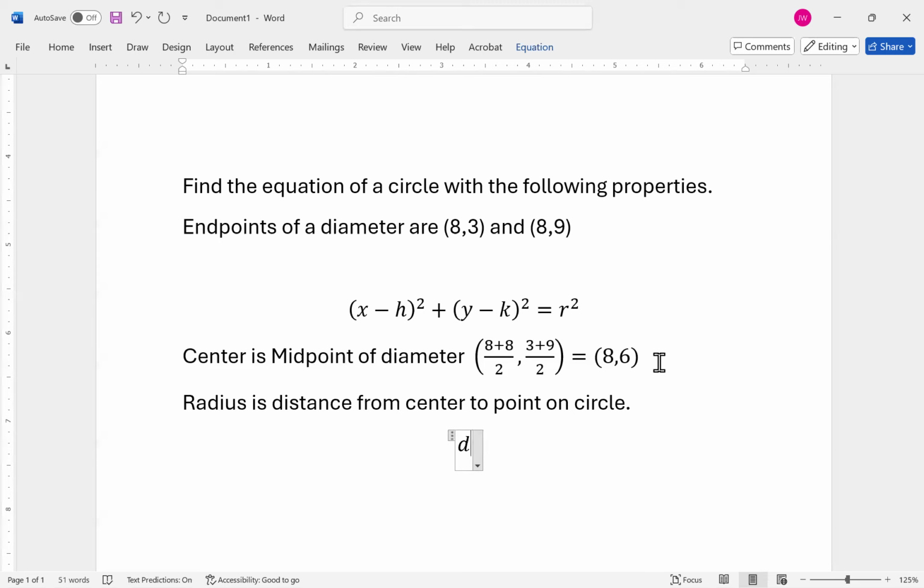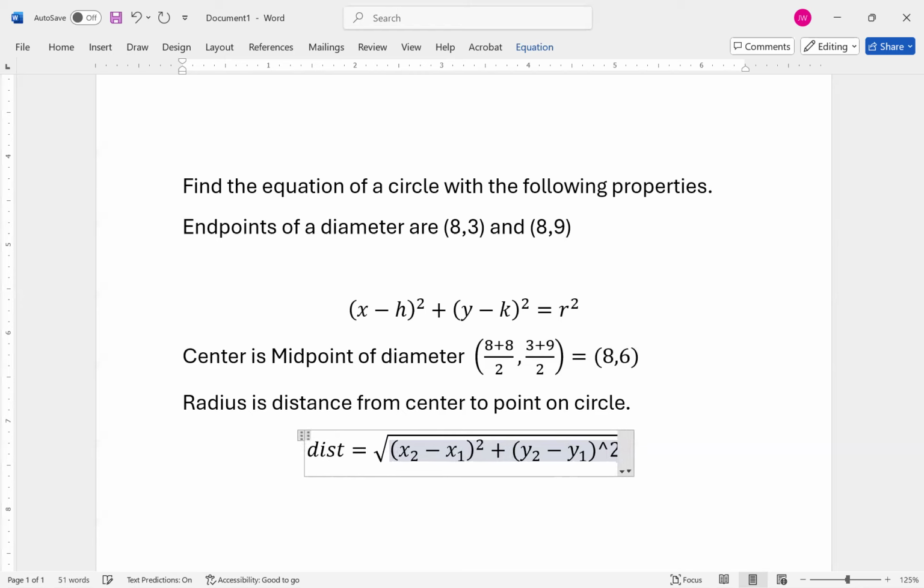The distance formula is equal to the square root of (x2 minus x1) quantity squared plus (y2 minus y1) quantity squared.